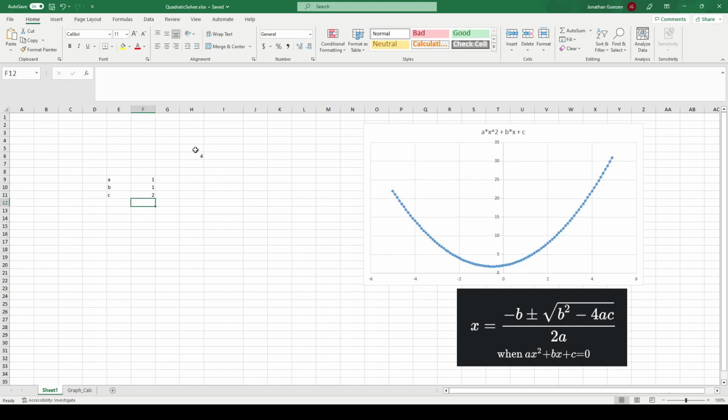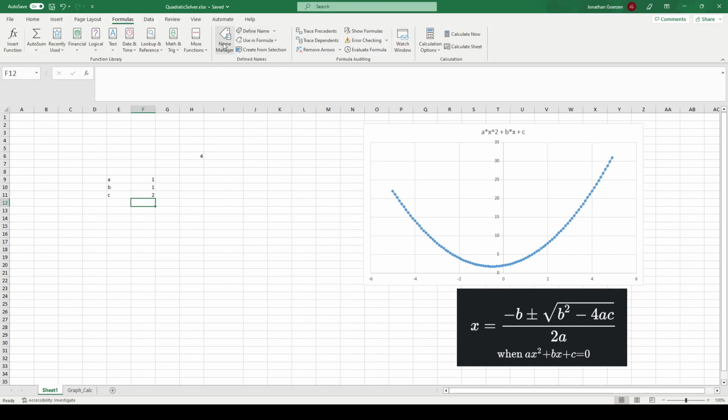And there you go. Now, the steps that I glossed over, one is under the name manager. I have already set up these named values for input A is equal to cell F9 over here, and so on through. It's going to make it easier to keep track of what's what when we get into the quadratic solver.